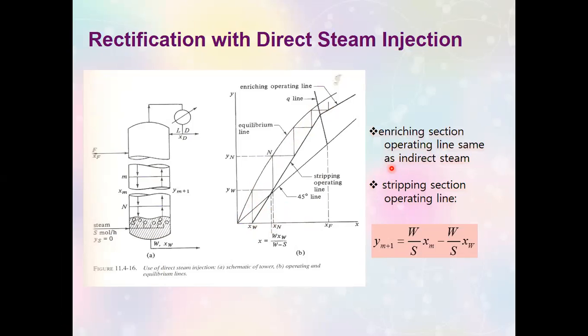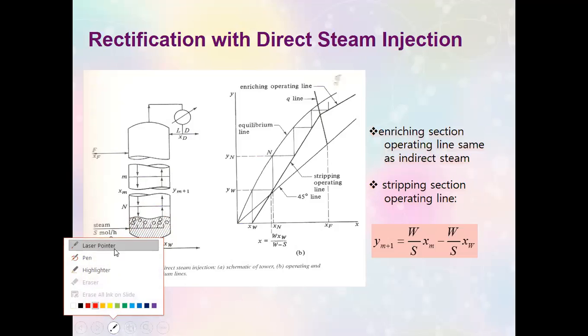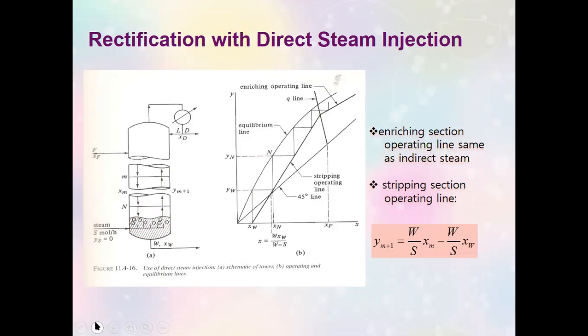I mentioned already the same thing with the q line. The way you plot the q line is the same as with the standard rectification process. Okay, this is for your column which has steam directly injected at the bottom of the column. So there's no reboiler anymore to partially vaporize the liquid at the bottom of the column.